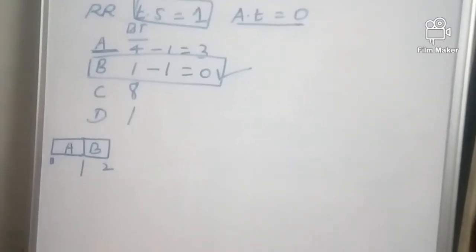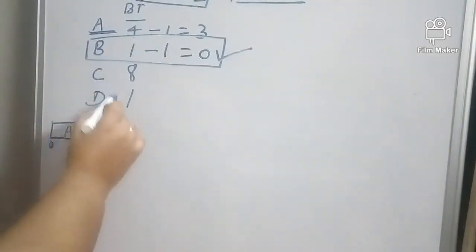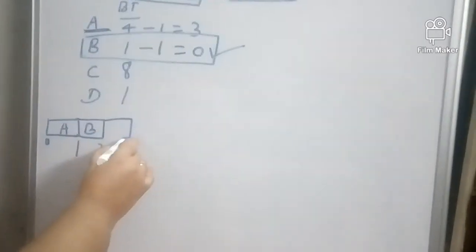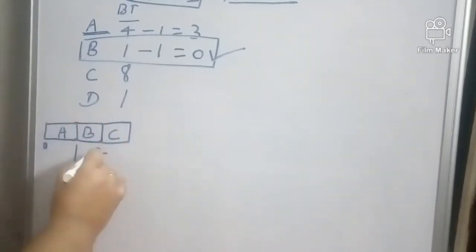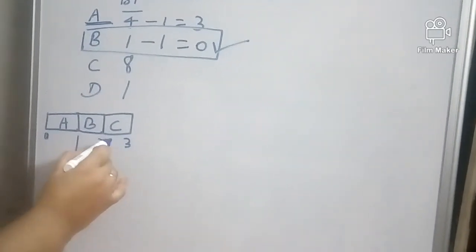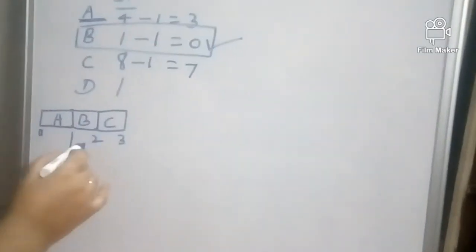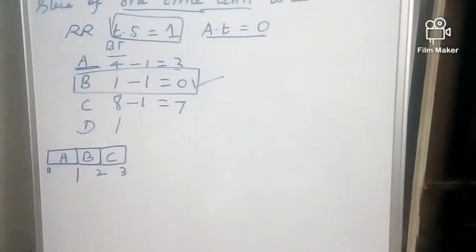It is removed from the CPU. Next one is C. So 2 to 3, one time slice unit. 8 minus 1 is equal to 7.